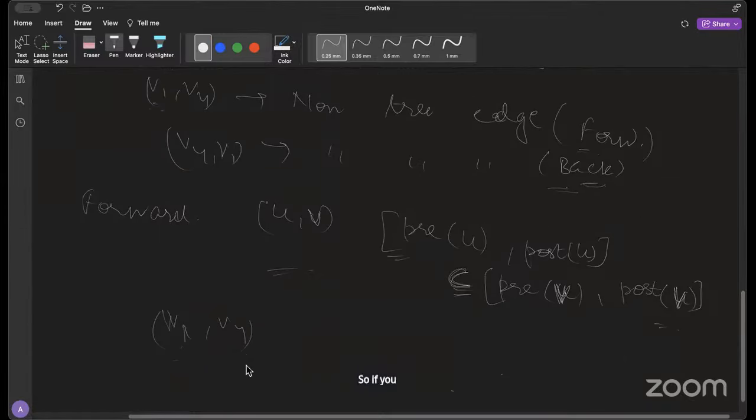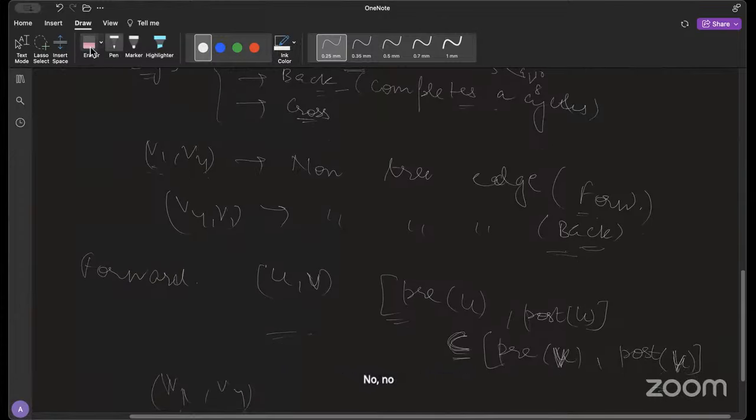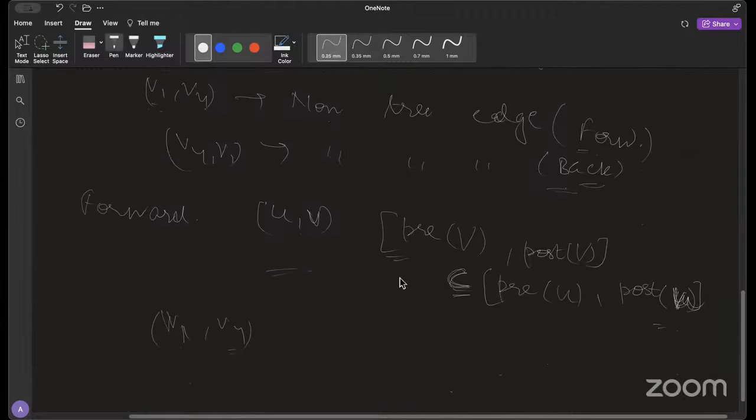So if you have V1 to V4, you start with U, right? We made a mistake in this part, I guess. It should be V only here. So you write the pre-number, post-number for V, the later one, the second one.